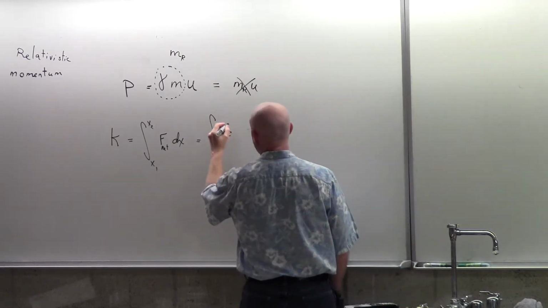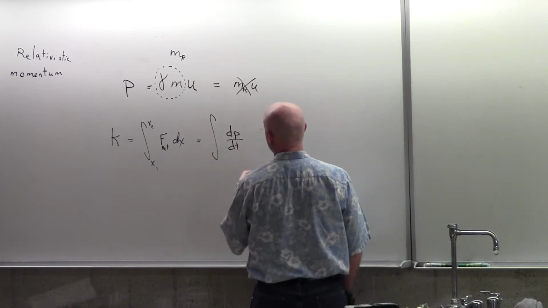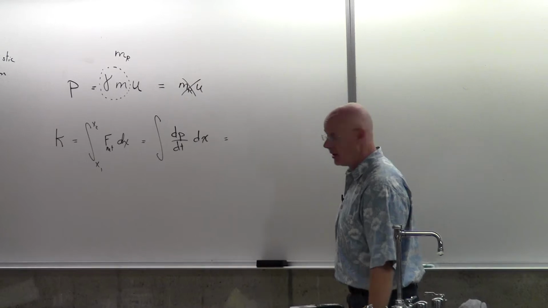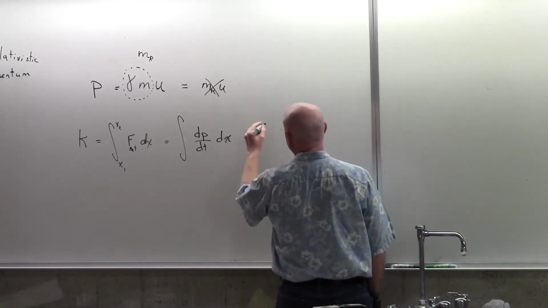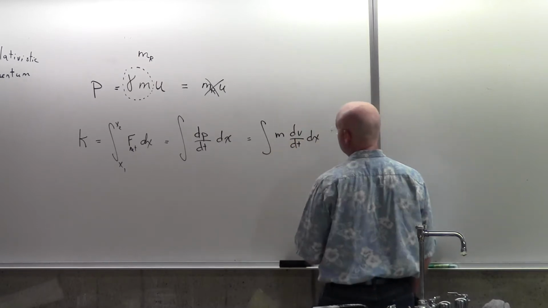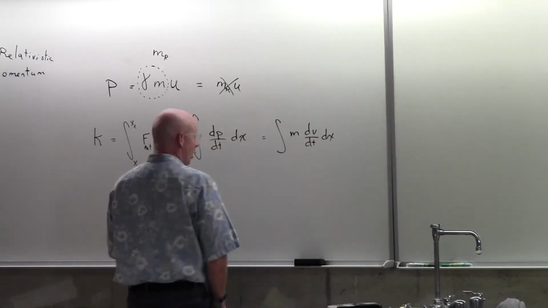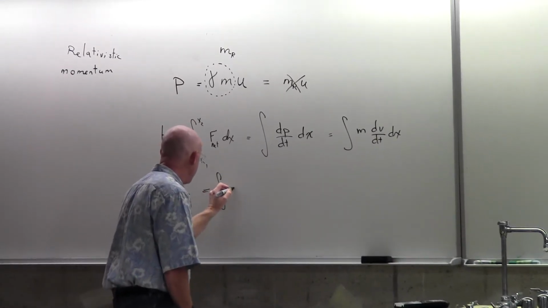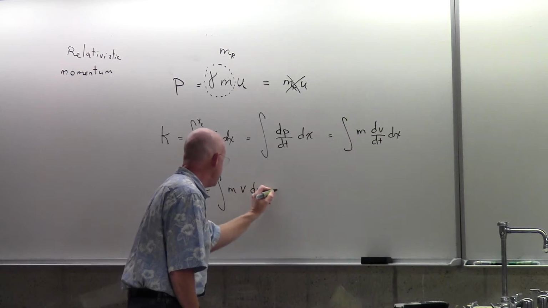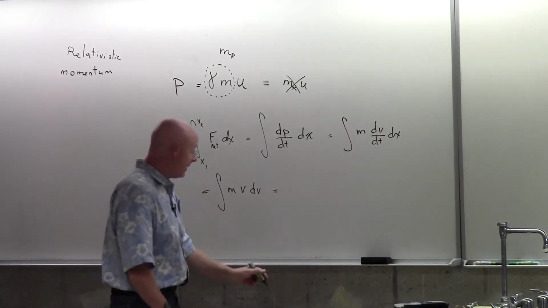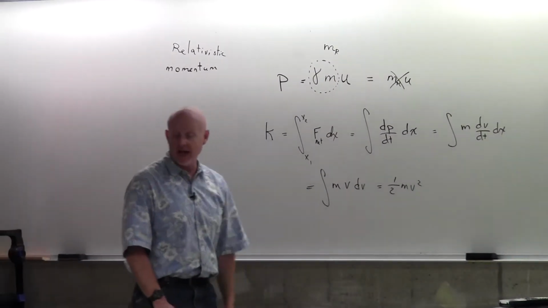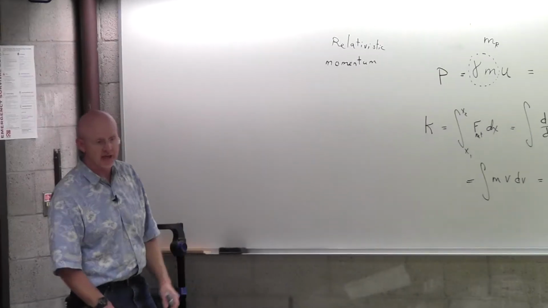We actually put dp/dt dx, which then led to m dv/dt dx, which then led to putting the dx with the dt, which gave us a v dv, which then led to 1/2 mv squared. Yay, right? And that's where it came from, and just in case you forgot, chapter 7 was a while ago.